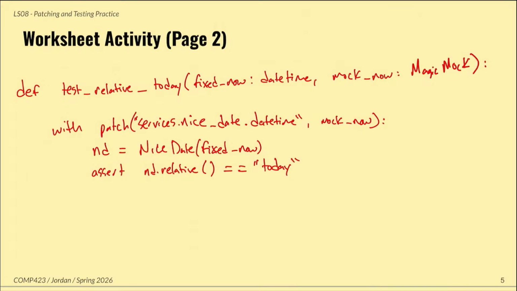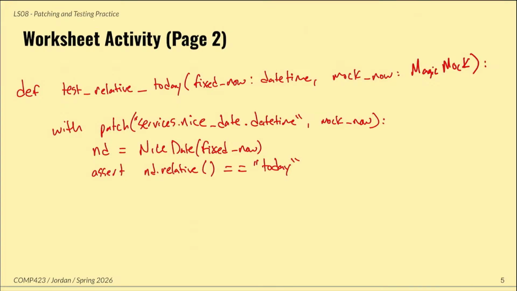So let's break down what's going on with this fully qualified name, services.nicedate.datetime. The idea of a fully qualified name is more pervasive than just Python. You've seen it in Java as well, where when you import things into a Java class, you can use those imports by a shorthand name, but you can also reference things throughout Java's namespaces using their fully qualified names.